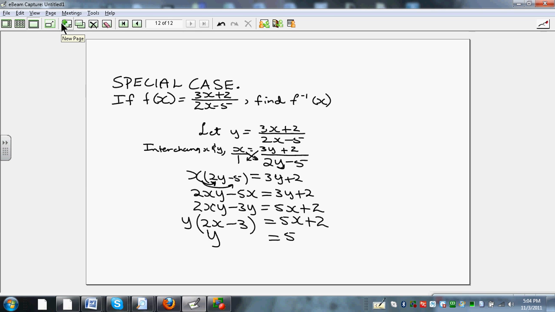So it'll come down to be 5x plus 2 over 2x minus 3. And once we reach that point, that is the defining equation for the inverse function. So we could write, therefore, the inverse function, which in this case would be f to the minus 1 of x, will be given by that relation, 5x plus 2 over 2x minus 3.